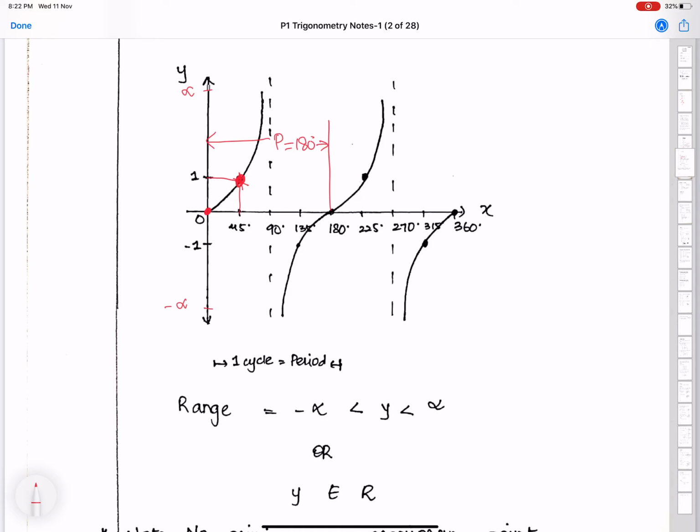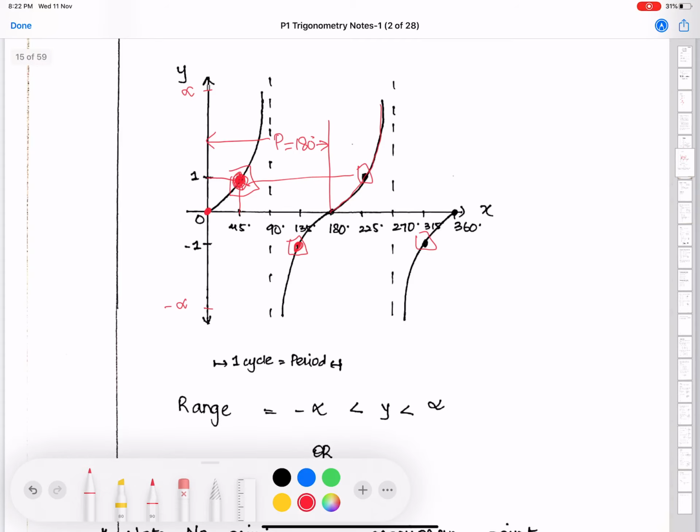If you plot this point correctly, then the curve will be accurate. So you need to focus on these two points for tan. And this is the periodic nature. Make sure you plot the points, especially for the tan curve, correctly.